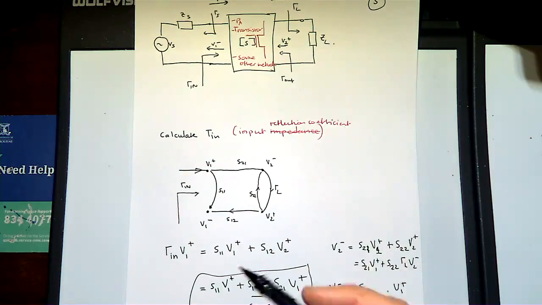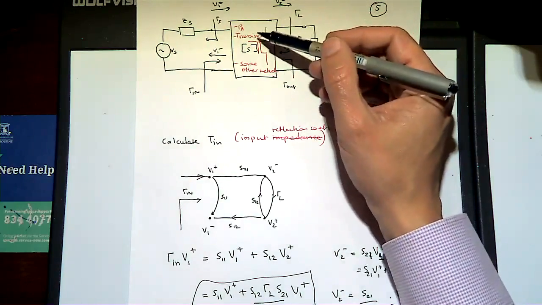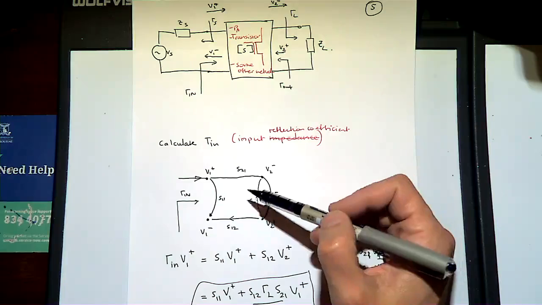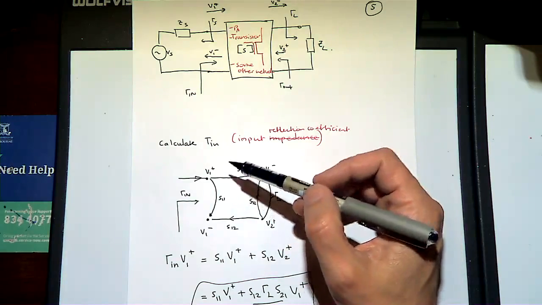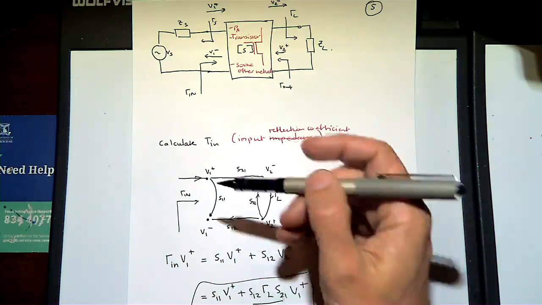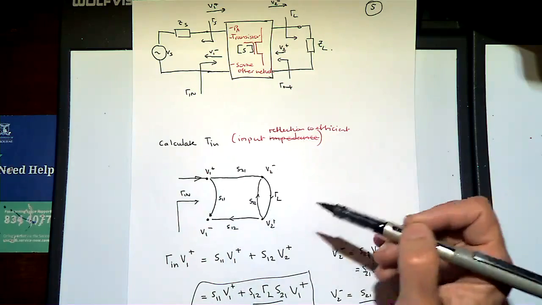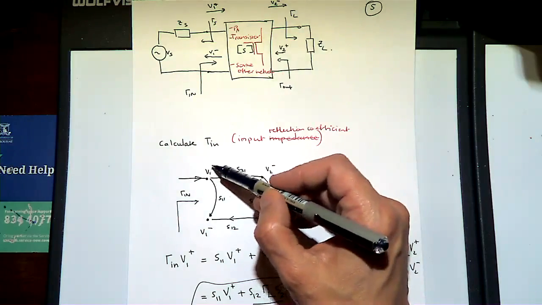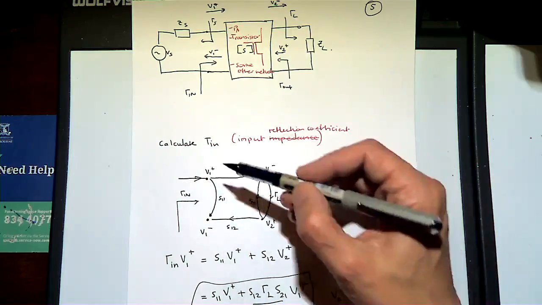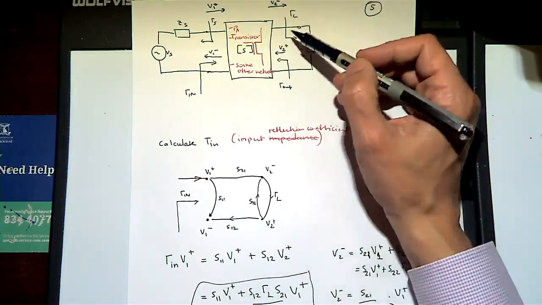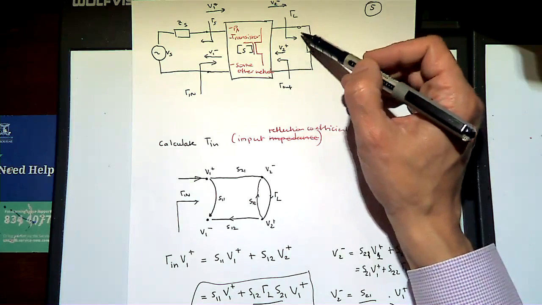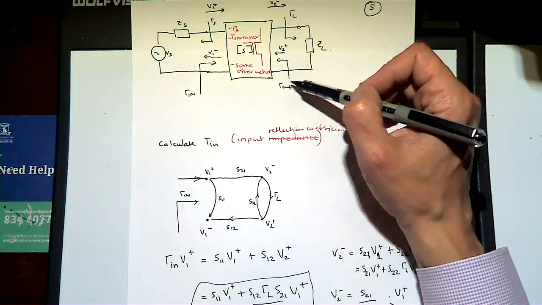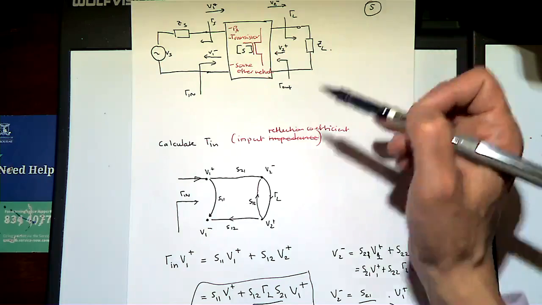So let's now consider this network, and let's look at this two-port network. We want to work out the input impedance, and we're going to excite the port with V1 plus. So we've got V1 plus, and we're going to have a load connected to this network.